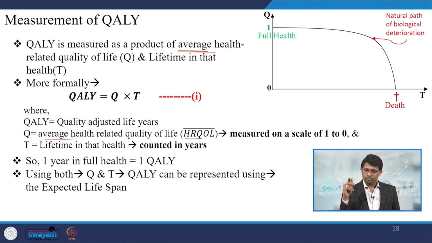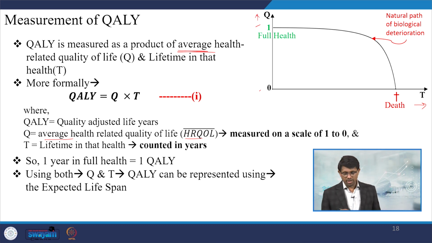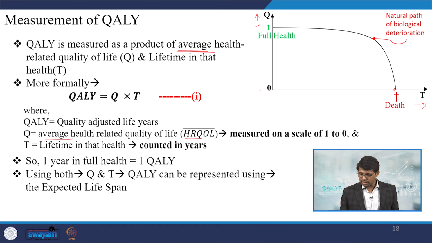You can just see that Q is ranging from 0 to 1 on the vertical axis, and T is on the horizontal axis, where we mention the expected lifespan, which ends with the time of death.